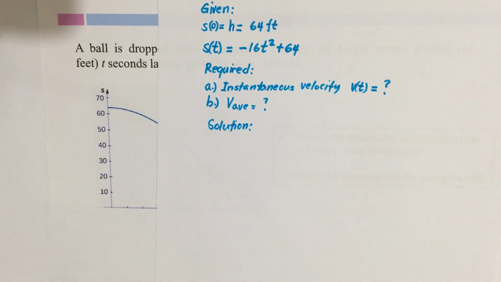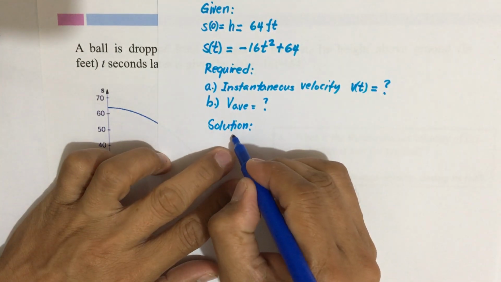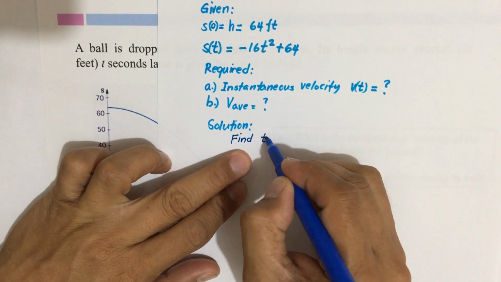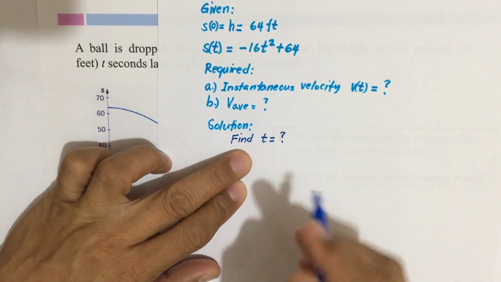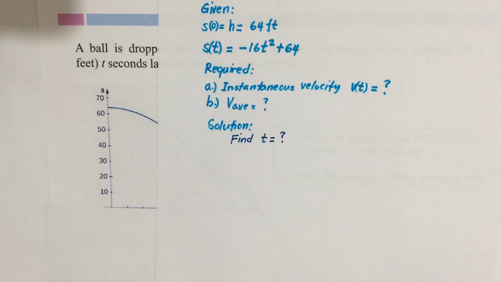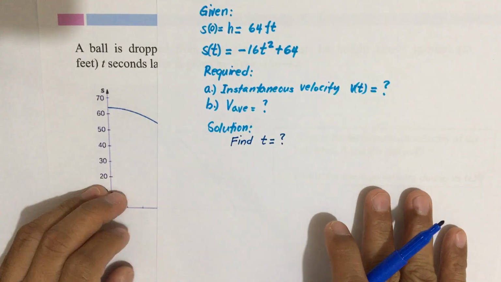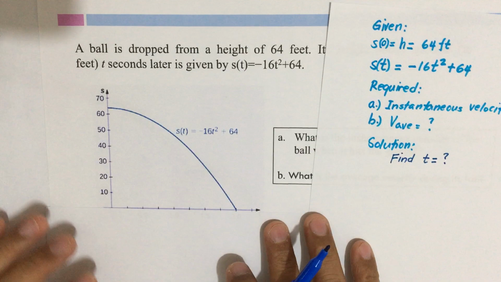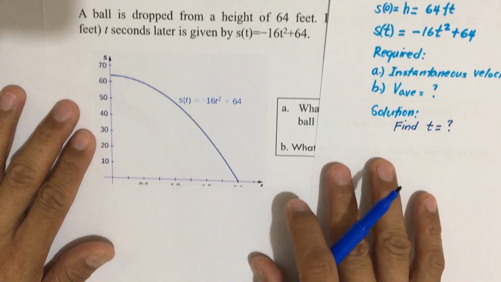Now for a solution, first we have to find the time. So find t. So we need to find the time when the ball strikes the ground. Okay? So looking at this illustration here, so at t equal to 0, okay, so this is the illustration, class.